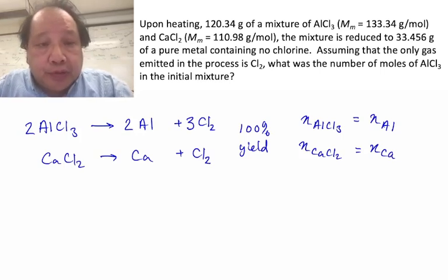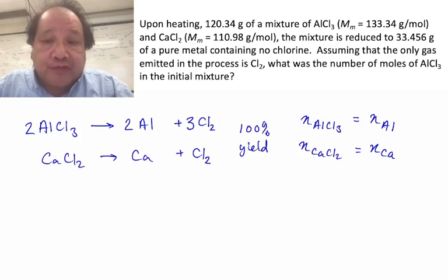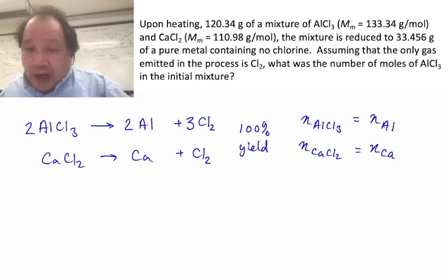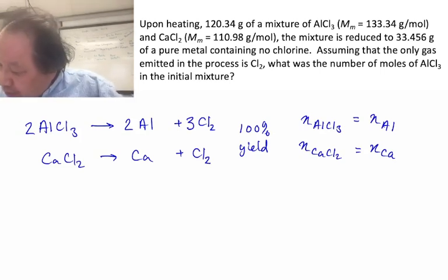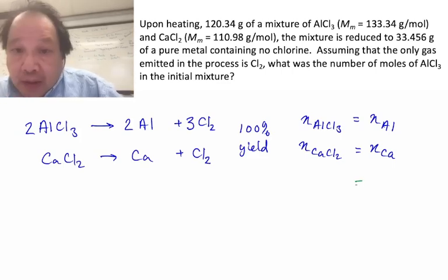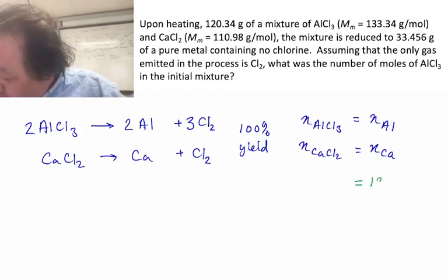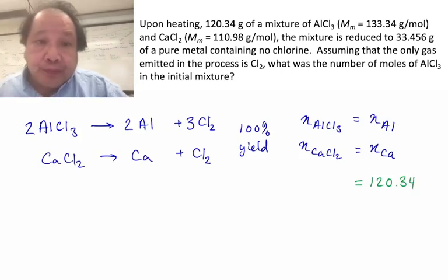And now we're going to use some algebra to express the numbers that we see in the problem. We see that we have the grams of the initial mixture. The grams of the initial mixture is 120.34.